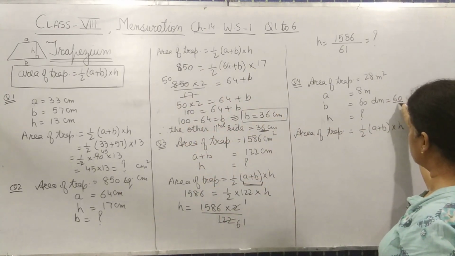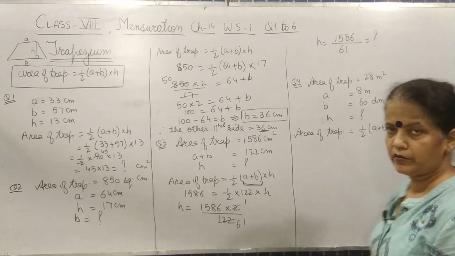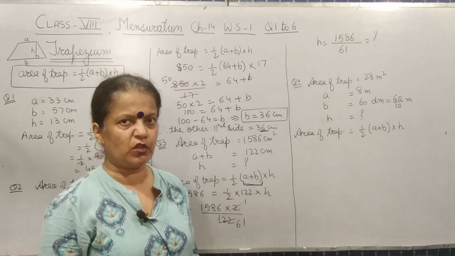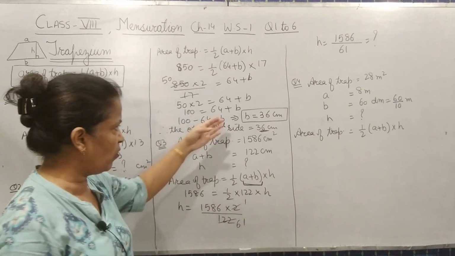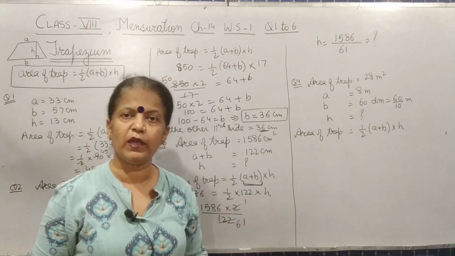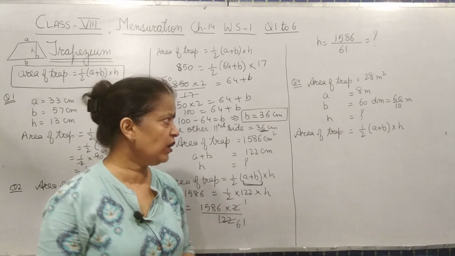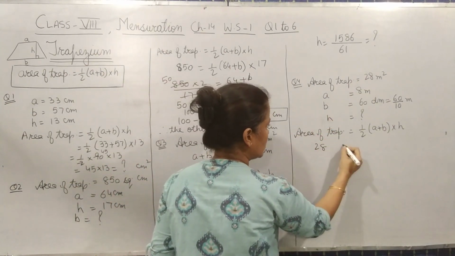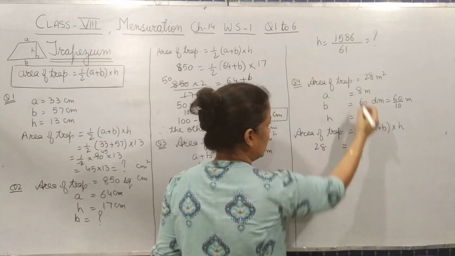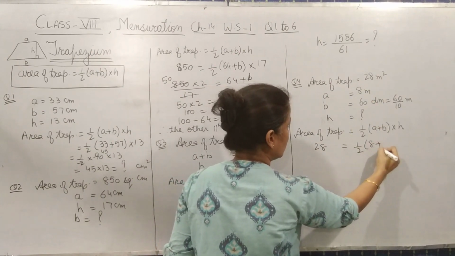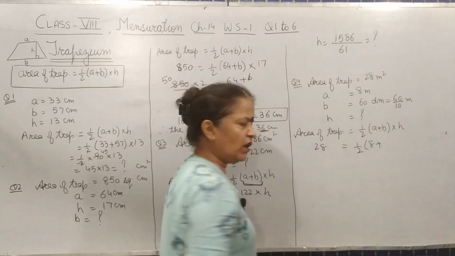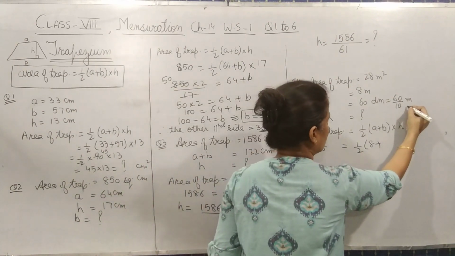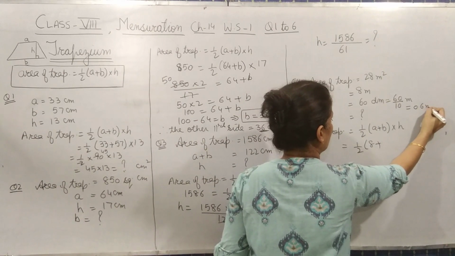So it will be 60 upon 10 meter. Now you will substitute the values. As I have told you here also, you have to be very careful about the units. Now substitute the values. 28 equals half, A is given 8 plus 6 upon 10. 6 upon 10, you can write as 0.6 meter also.